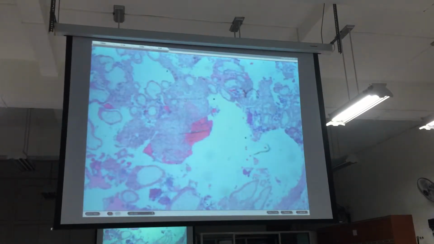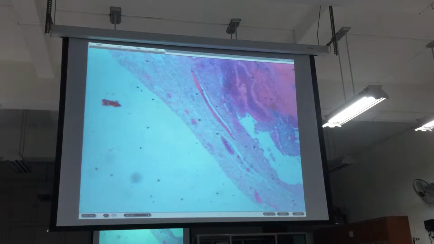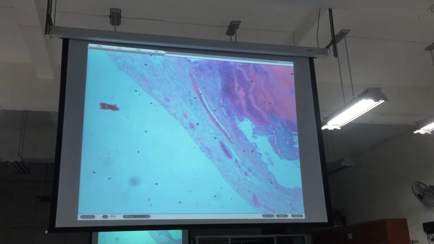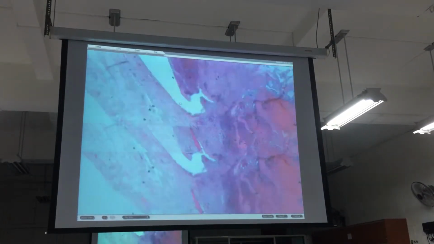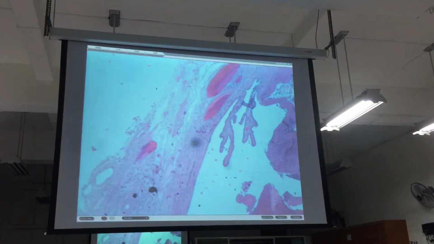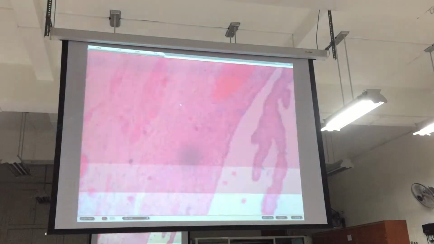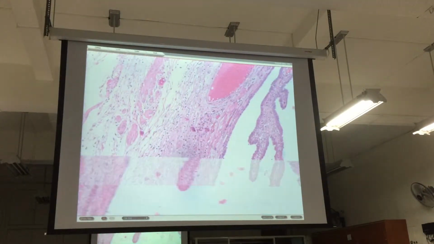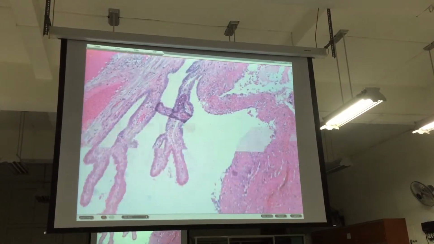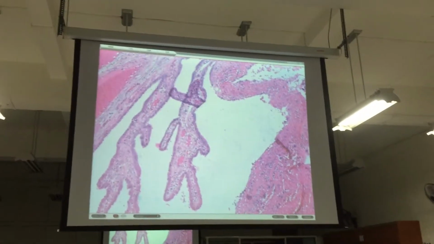Let's look at this. What do you think? What is this structure here?